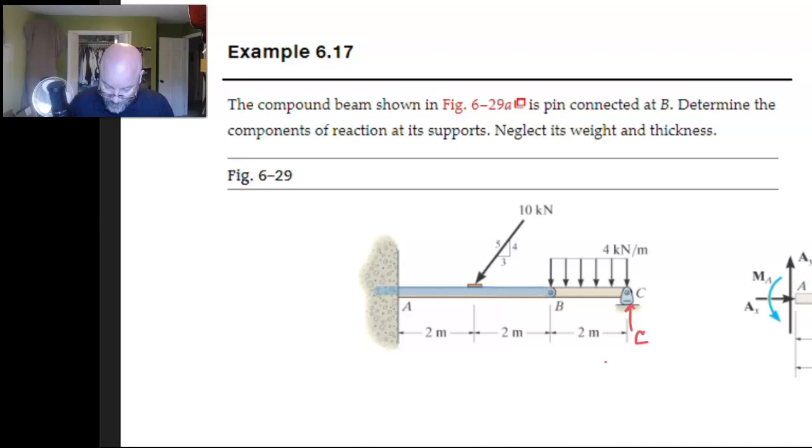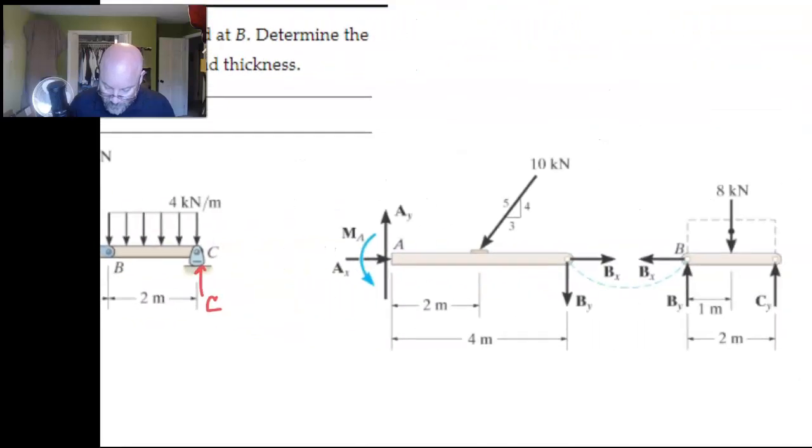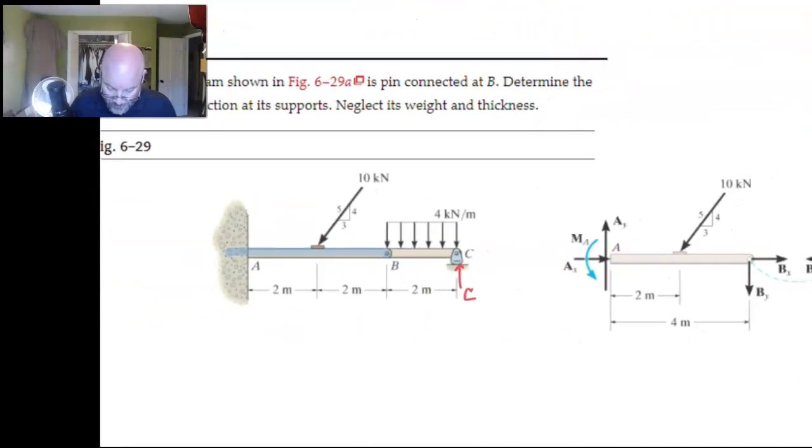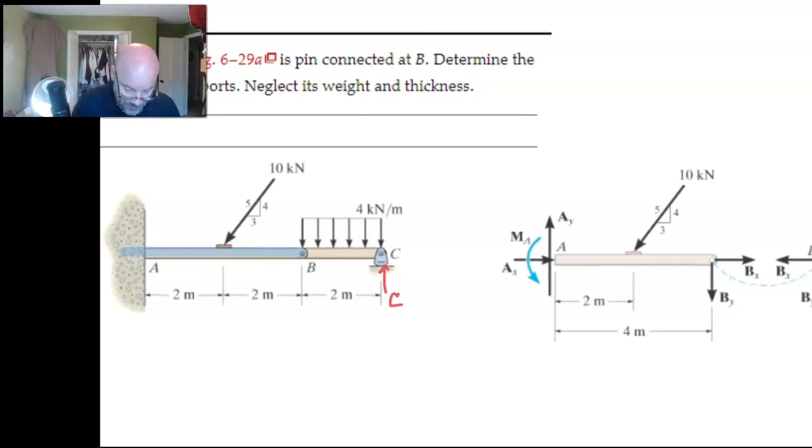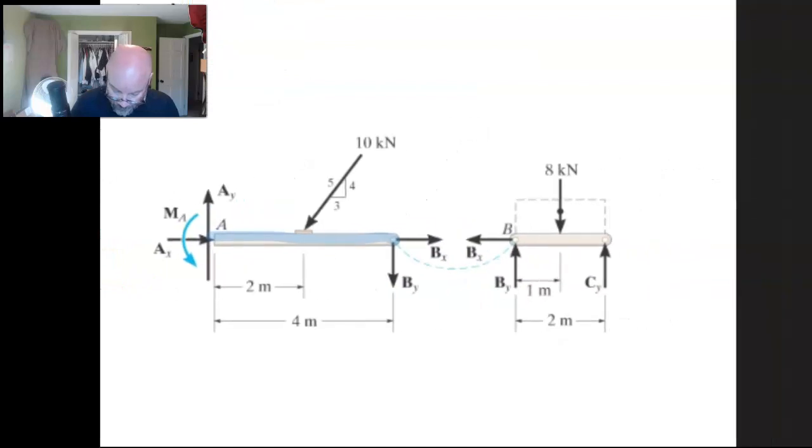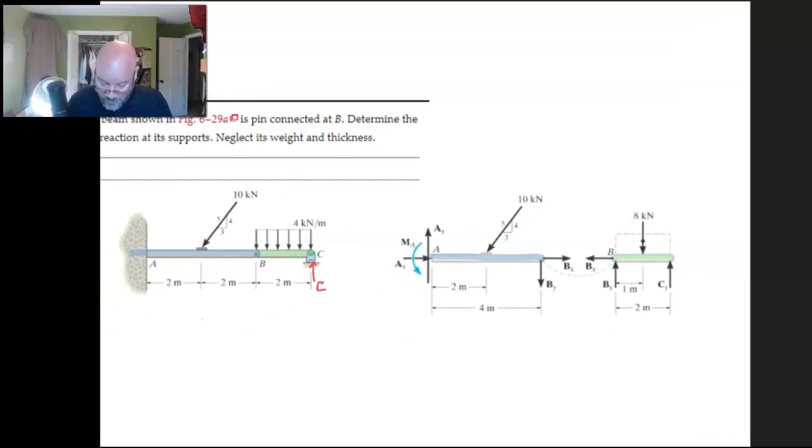So let's look at our individual pieces. Here is the blue beam here, and I'm going to call this little guy here green, and this is my green one over here. We're going to do BC first.